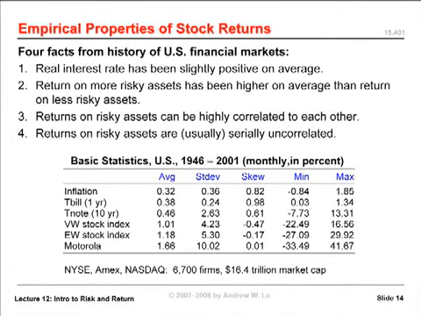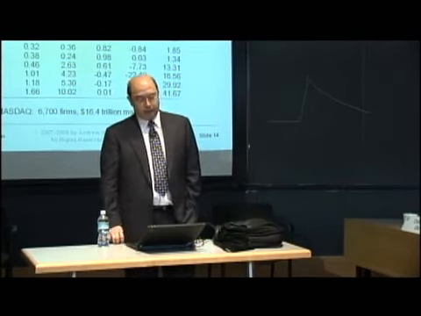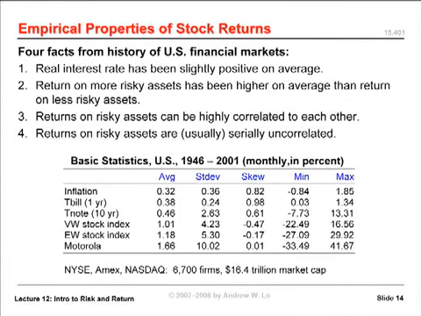And if you want to get a sense of why that might be, take a look at the next column, which is the standard deviation. This, remember, is a measure of the riskiness of the security. It's a measure of the fluctuations. And if you take a look at the equal weighted and the value weighted, the volatility is a lot higher than for T-bills.